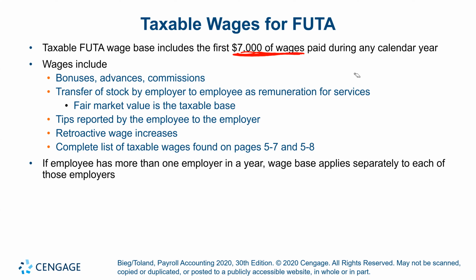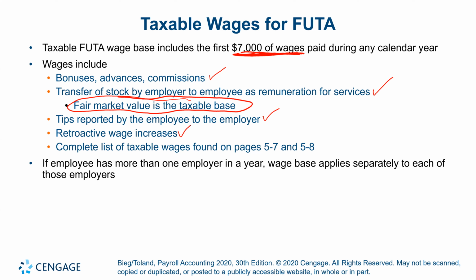So wages include not only what an individual makes per hour or is salaried, but also bonuses, advances, commissions, and transfer of stock by the employer to the employee as remuneration for services. As we already know, the fair market value is what is used for the wage expense or the taxable base. Also tips reported by the employee to the employer and retroactive wage increases.